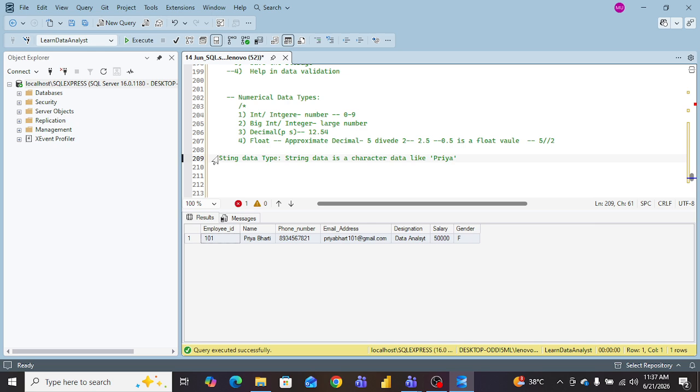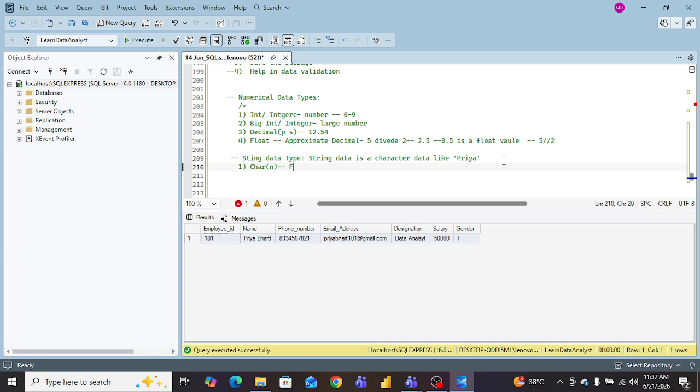Now, what are the types? How many types? Okay, I will write them on the same line so you understand better. Now, what do we have? Char. One is char. Okay, what is a char? It means a fixed length.